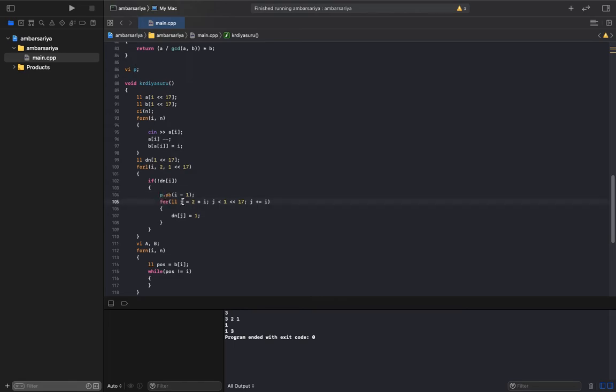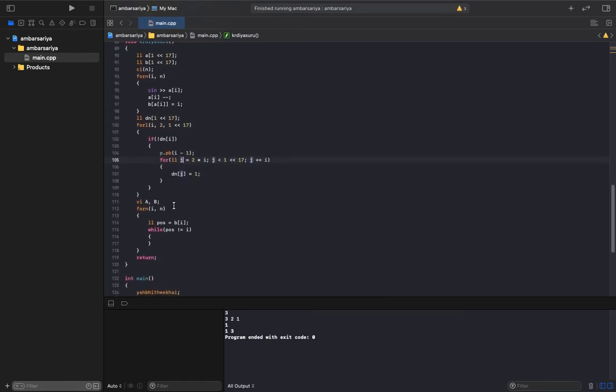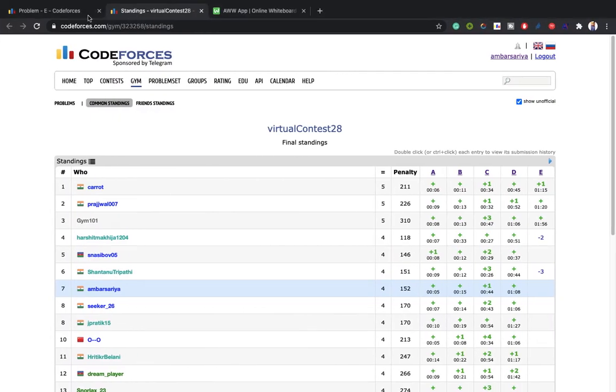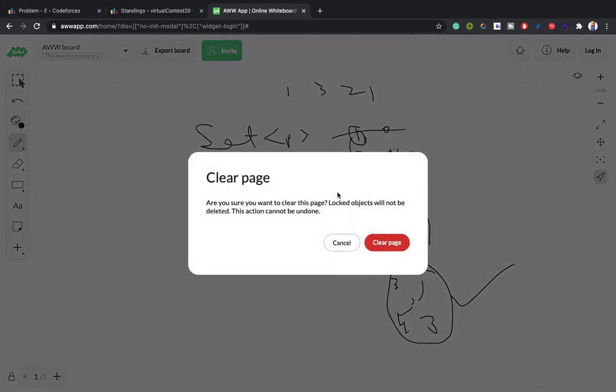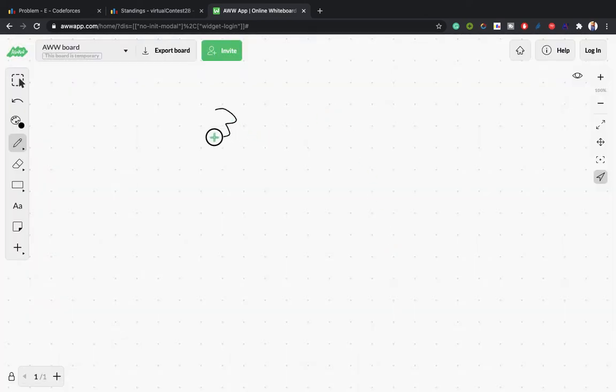Then I was thinking, the first example is 3 2 1. If an element is not in the correct place, like here the indexes are 1 2 3 and they need to be at their correct index: this index would be 0, the correct index, and this index should be 2.